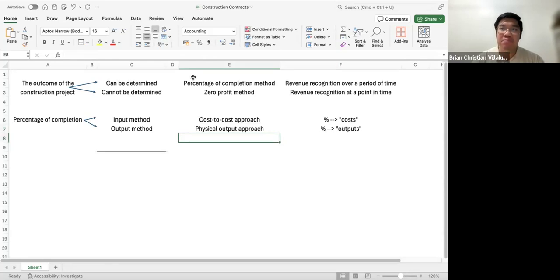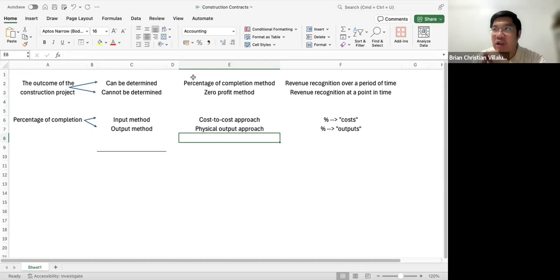Ano bang mga typical examples ng outputs? Let's say for example, a construction company is constructing a 10-story building. So ano ba ang magiging units of output ng isang building? 'Di ba number of floors? So that's one example of an output.